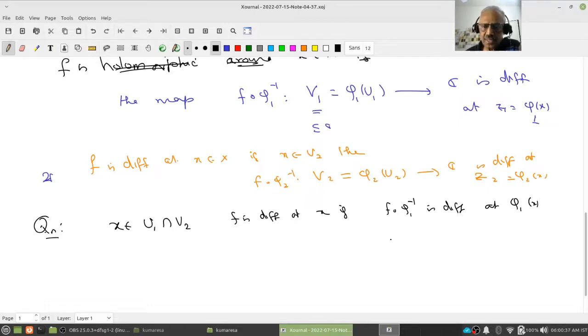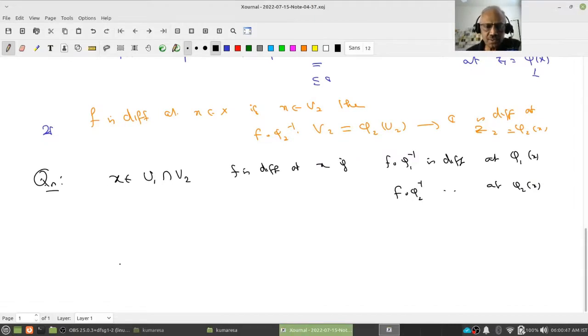Another person will say f composite phi 2 inverse is differentiable at phi 2 of x. So is it consistent? Is it well defined? So the question is whether this notion is well defined.